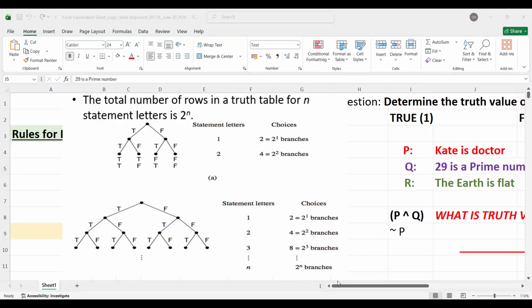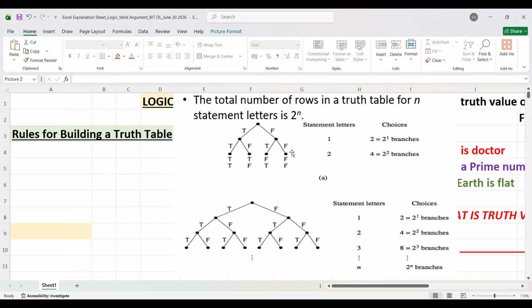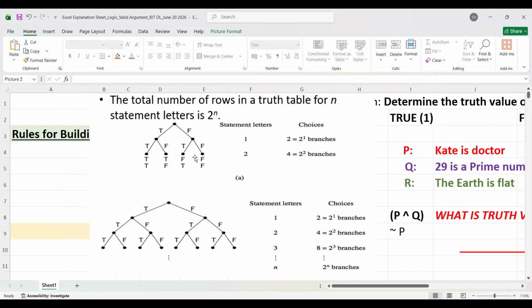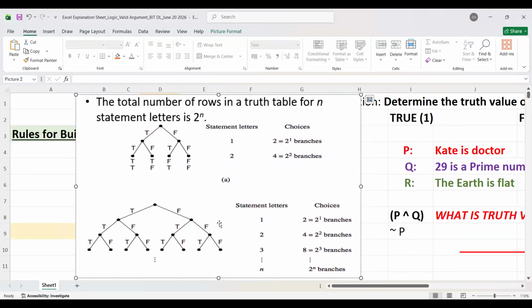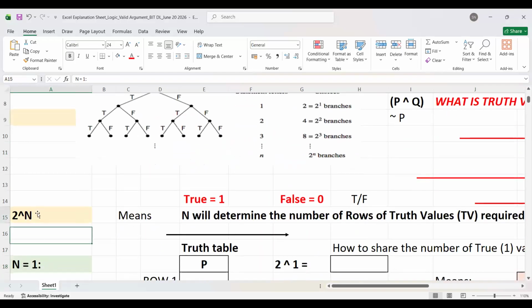So we are saying that every statement has two possibilities. What are the two possibilities? It can either be true or it can be false. That is why we are going to borrow the binary formula, 2 raised to the power n. The number 2 means that the statement can either be true or false. That's why we are using the value 2.